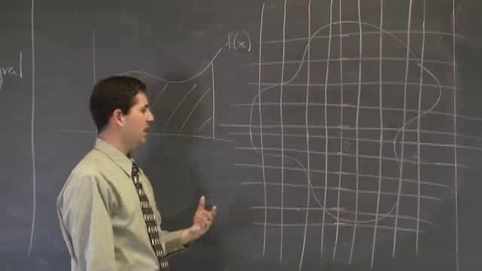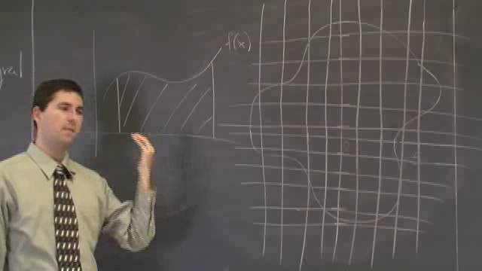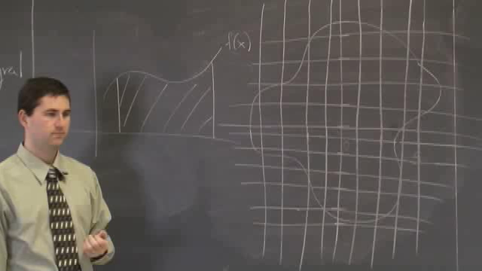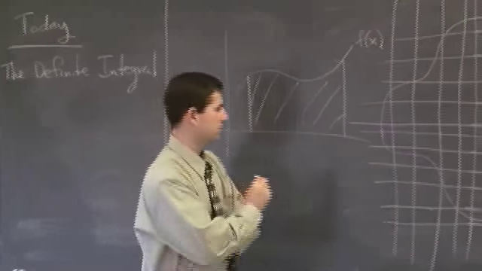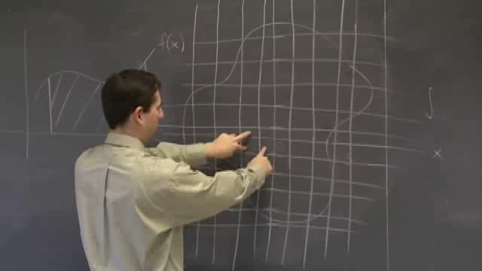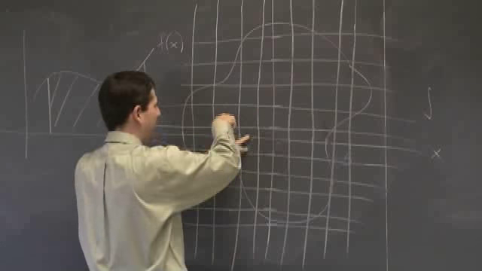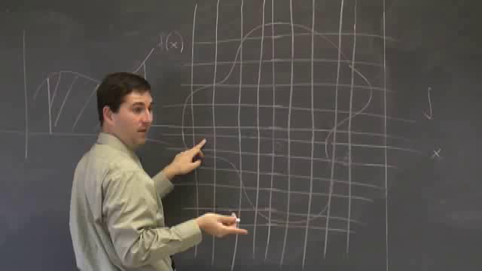So without having to do anything tricky, what's the best lower bound that you can think of? Okay, 1, 2, 3, 4, 5, 6, 7, 8, 9. All right, I'm still having all these lower bounds. Are they getting better? Sure.